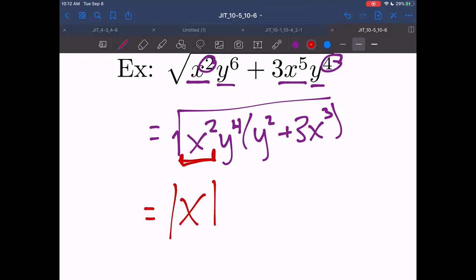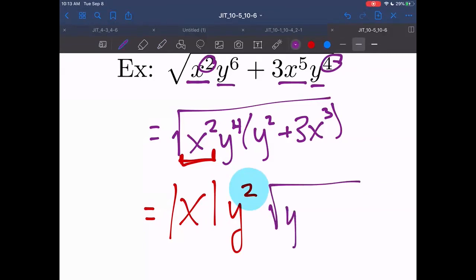And then y to the fourth comes out, and that's just y squared. Because we still have this squared left, we don't have to do the absolute value. There's still some power left. It's only when you completely clear the power of an even order that you have to use the absolute value. Okay, and then we're left with square root of y squared plus 3x to the third.